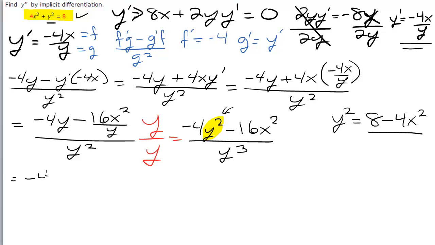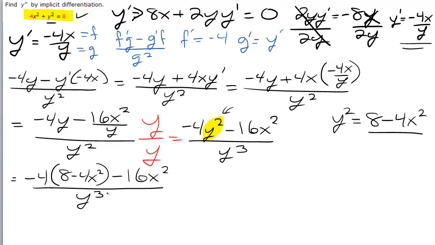And now I have negative 4 times all of this stuff, 8 minus 4x squared, minus 16x squared. That's still all over y cubed. Now let's distribute it out and combine like terms, see what happens there. 8 times 4, negative 32 plus 16x squared minus 16x squared all over y cubed.